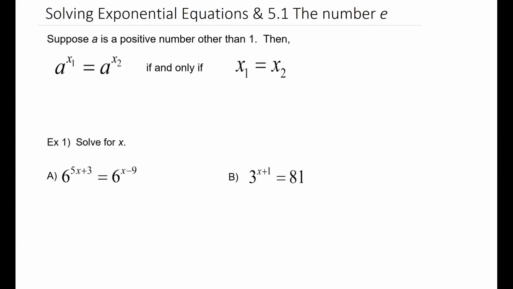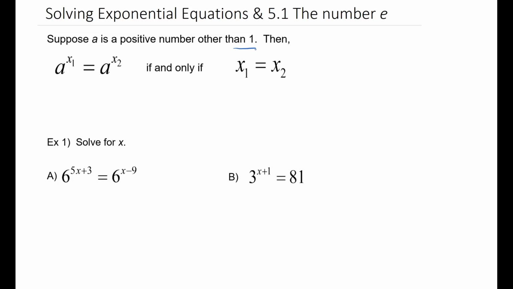All right. So in exponential equations, what's happening is that we've got some numerical value that serves as a base, and it's being raised to an exponent, right? So in this very basic example here, we've got a base of a. And again, the base can't be 1, because if you have 1 as a base, it's always going to be 1 no matter what you raise it to.